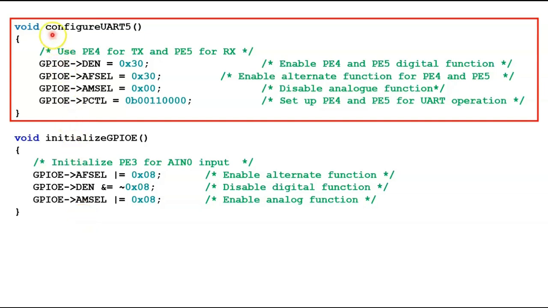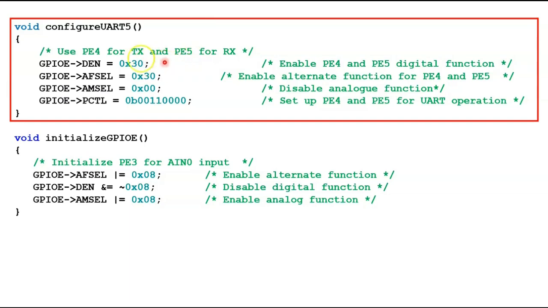So this is the config UART5 function, and basically this function configures the GPIO port E, that is PE4 and PE5, for UART5 communication.